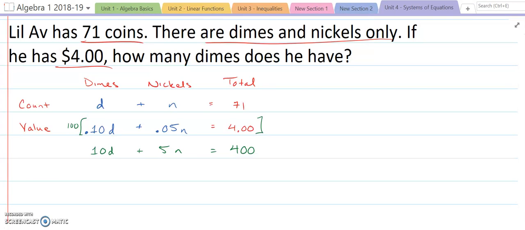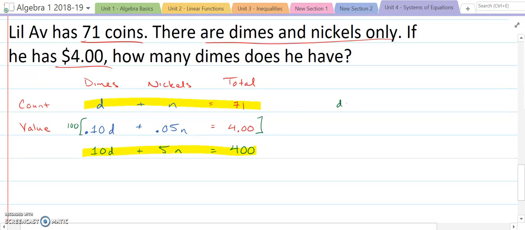So essentially, the two equations that I want to use are here and here. The real setup for this is there. Substitution and elimination.